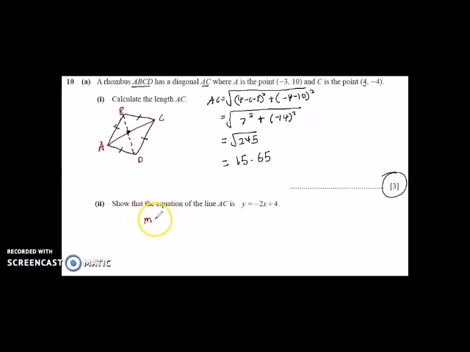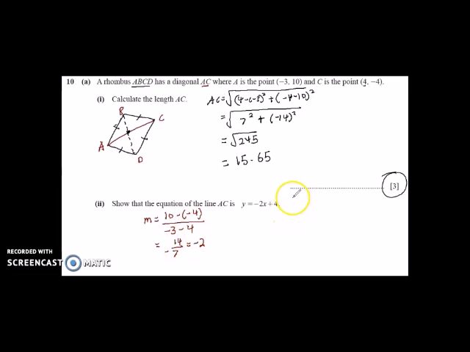The gradient m is negative 4 minus 10, divided by 4 minus negative 3, which is negative 14 over 7, ending up with negative 2 as the gradient.